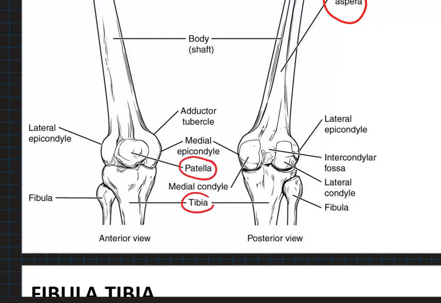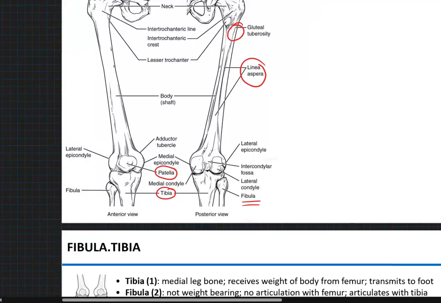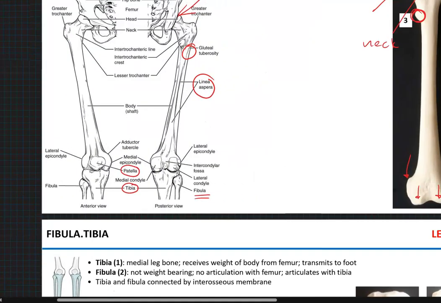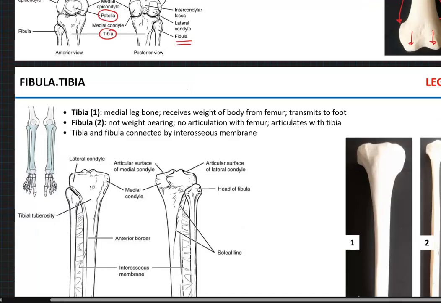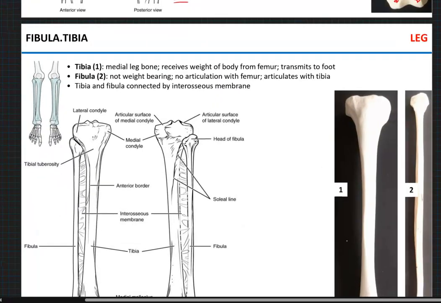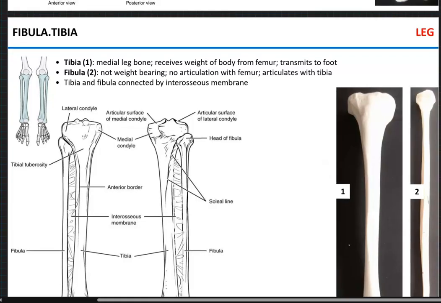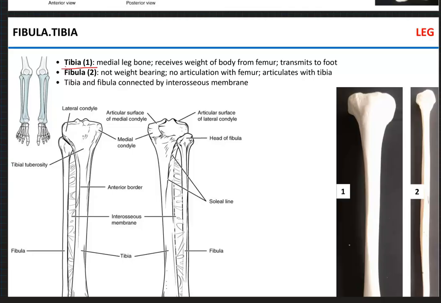It does articulate with the tibia, but there is no articulation with fibula. No reason. That's how we evolved. But the tibia is the only weight-bearing bone in the lower leg. Does that make sense?